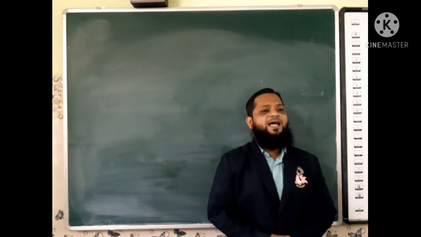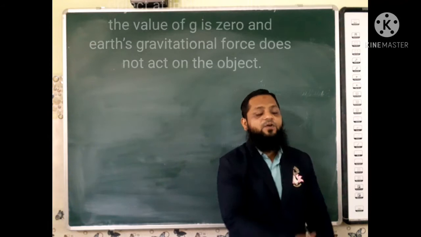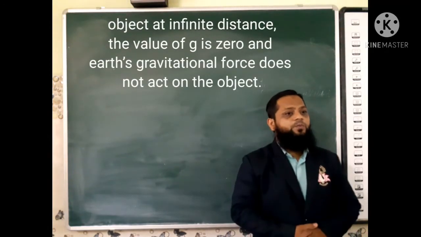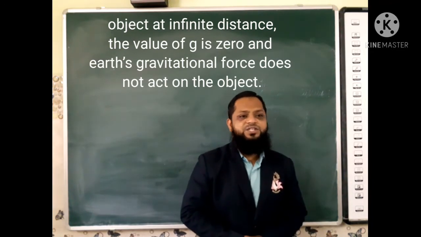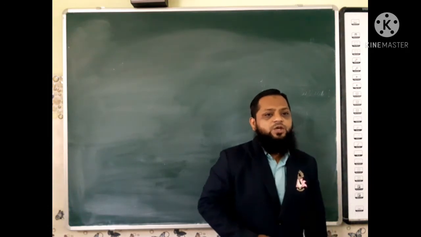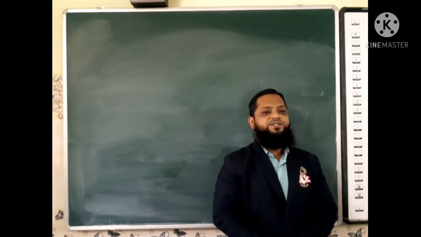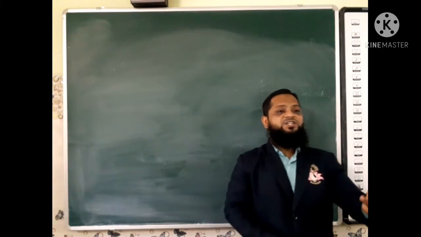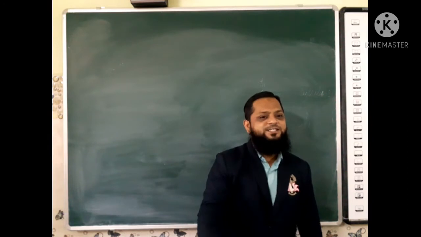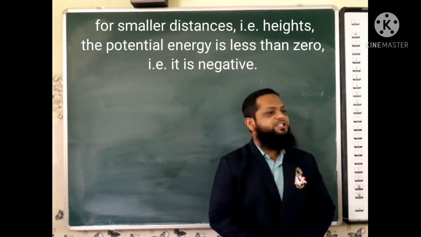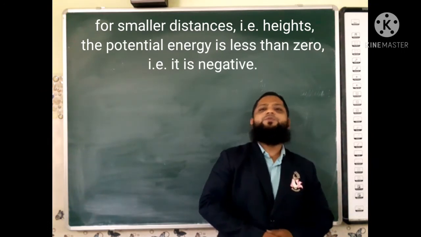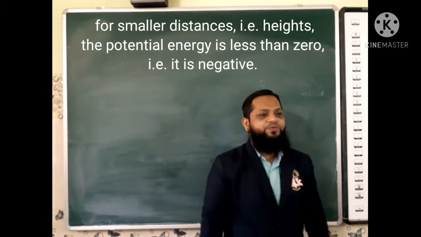For an object at infinite distance from the earth, the value of g is 0 and the earth's gravitational force does not act on the object. So, it is more appropriate to assume the value of potential energy to be 0 there. For smaller distances, the potential energy is less than 0, which means that the potential energy is negative.